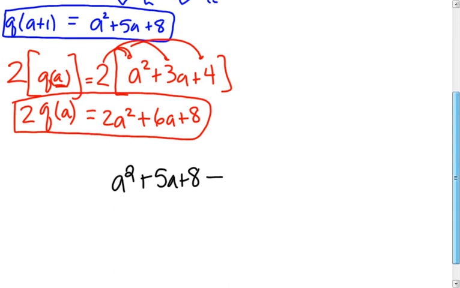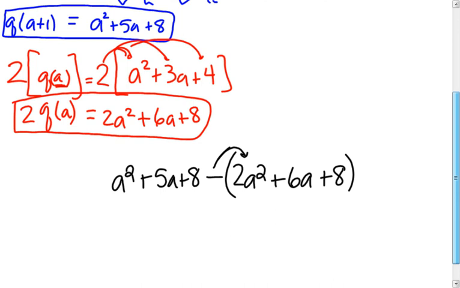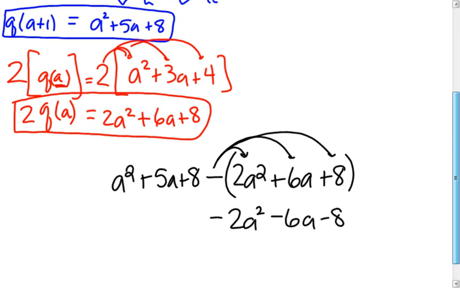I can't just write it like this and subtract the first term. That's not going to work. I need to subtract the whole quantity, and when I subtract the whole quantity, that negative sign needs to get distributed. Okay, so I have negative 2a squared minus 6a minus 8 when you distribute that negative.